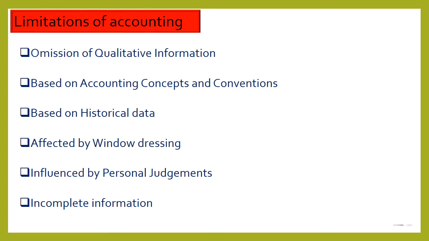Accounting statements provide only incomplete information because the actual profit or loss of a business can be known only when the business is closed down. As a going concern, it will give only the partial information. And this is based on historical cost. Only after the happening of a transaction it is recorded. So we can't control that particular expense. So that limitation is there for this.